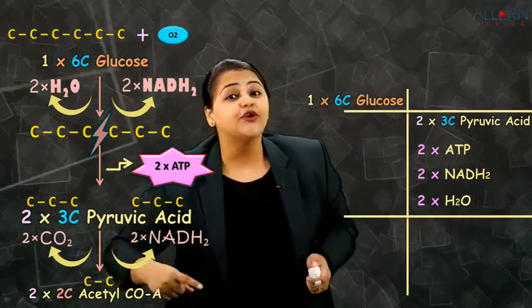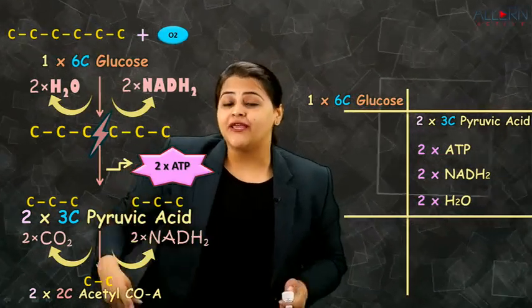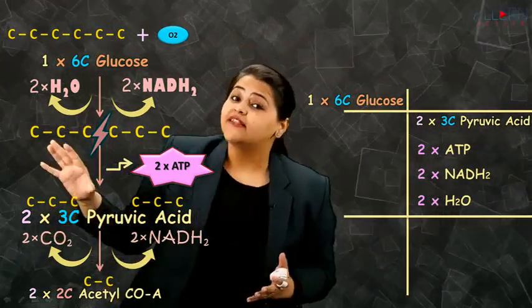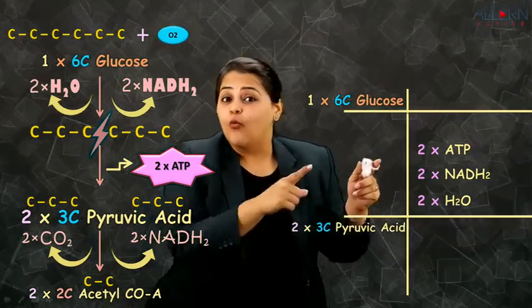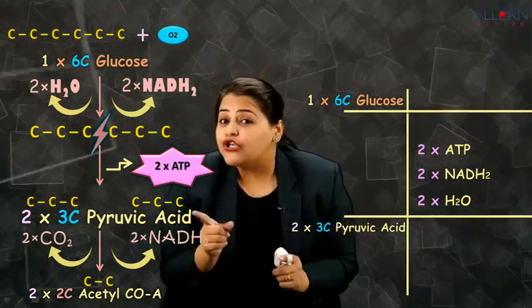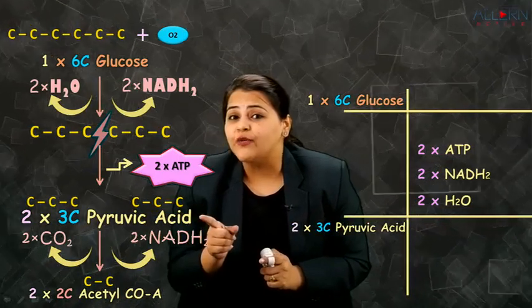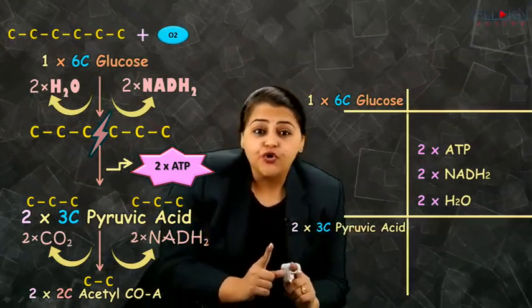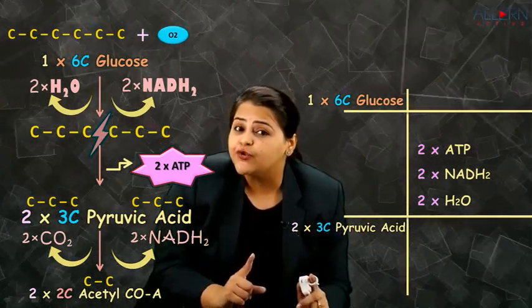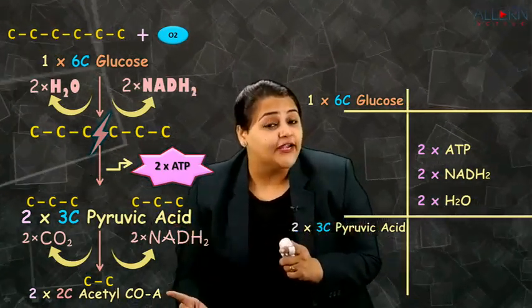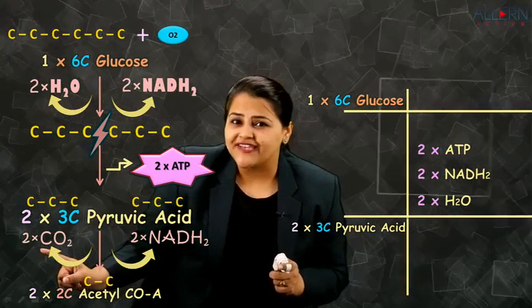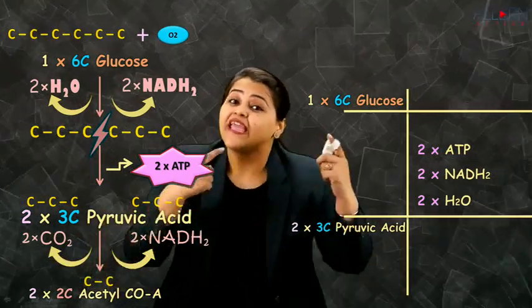Now entering into the link reaction between glycolysis in the cytoplasm and Krebs cycle in the mitochondria, we have 2 molecules of 3-carbon pyruvic acid, which means 2 molecules of 3-carbon pyruvic acid breaking down into NADH2 and carbon dioxide. Well, no, they are being formed.